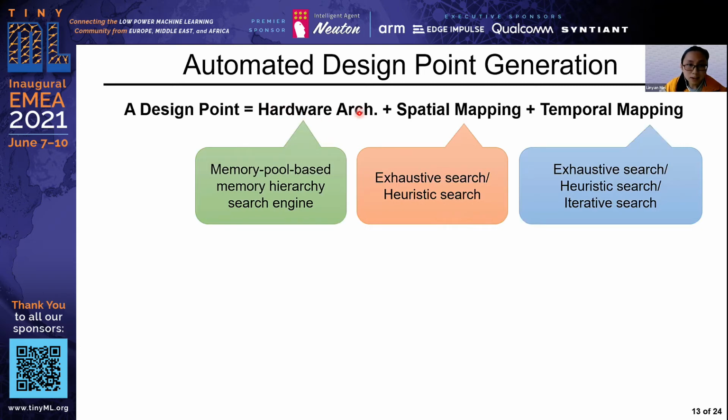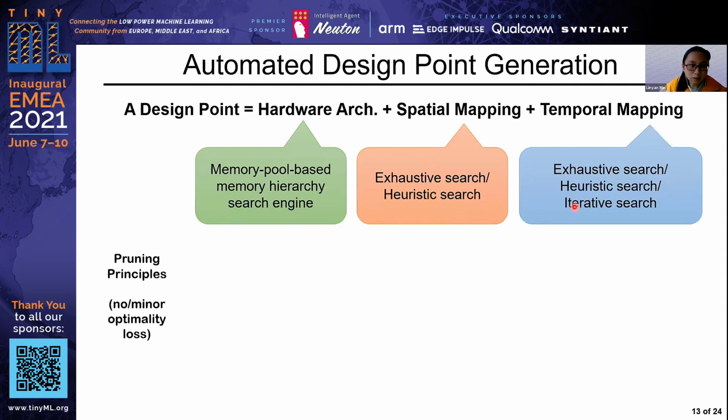For the hardware architecture part, we have developed a memory pool-based memory hierarchy search engine. Based on the user-defined possible memory candidates, we can automatically generate the memory hierarchy. And for the spatial and temporal mapping search engine, we have developed exhaustive search, heuristic search, and also iterative search.